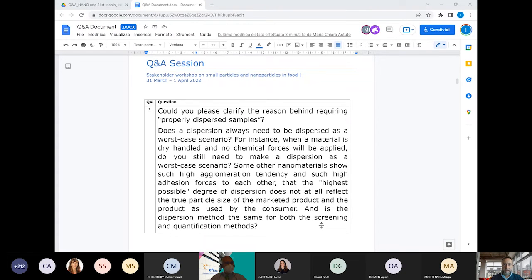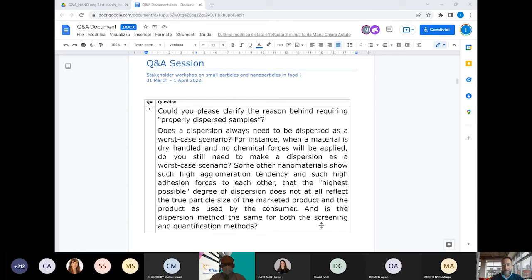So normally they are well dispersed and evenly distributed throughout the product in which they are incorporated in order to maximize the properties for which they are applied. So as a rule, the technological procedures in use during production are designed to prevent nanomaterial from being extensively agglomerated, because large agglomerates or aggregates would fail to display nano-enabled properties.